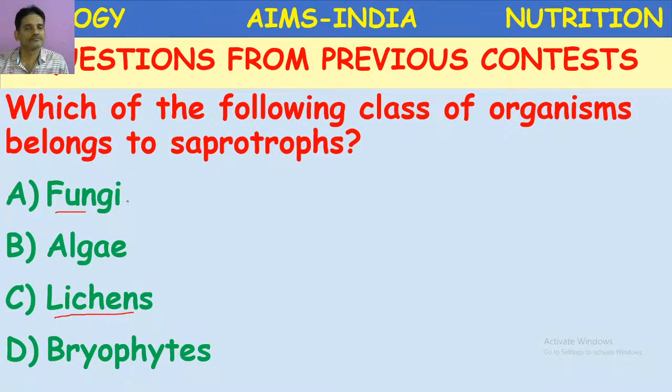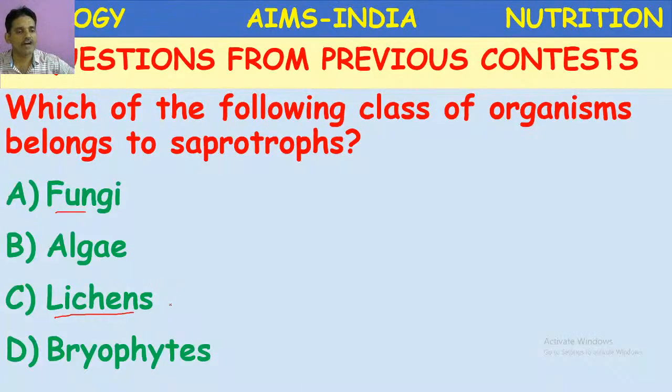So fungi is a heterotroph which grows on dead and decomposing organisms, so the possibility is there. Algae is an autotroph, there is no chance.